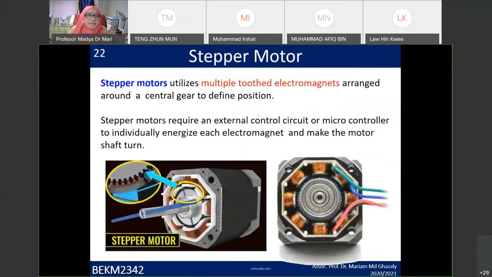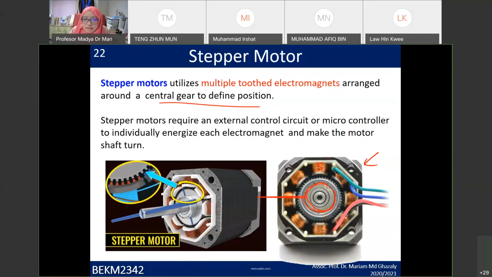And lastly is a stepper motor. A stepper motor utilizes electromagnets arranged around a central gear to define position. If you see here, this shows a stepper motor. Inside here, you can see the rotor, which is moving, and the rotor actually has small teeth. And you see that there's a stator.